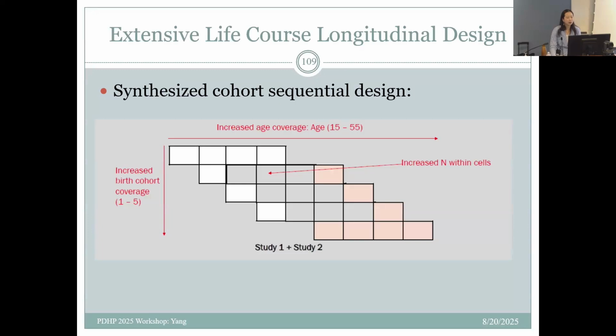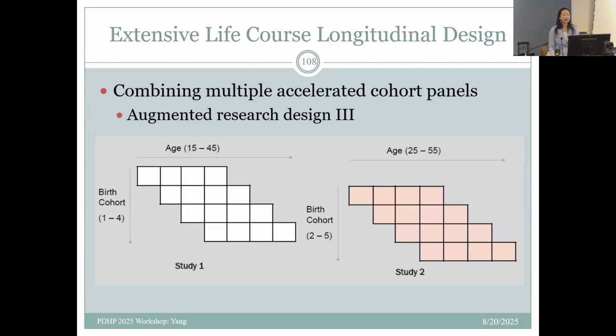So theoretically, you can pool any study that followed the research design 3. If you have more than 3 studies to combine, and one of them has a single cohort, you can also combine them because the other two studies will supply additional birth cohorts to overlap with that one cohort, the single cohort study of one of the three studies.